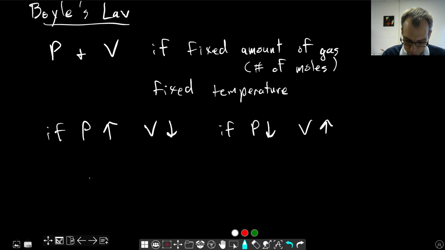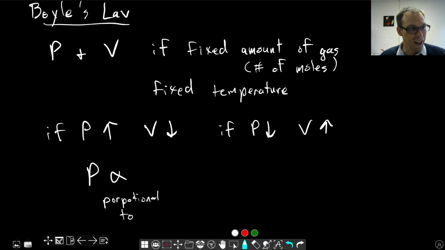So what you say is that the pressure, this symbol here means proportional to, meaning there's a constant involved, but we don't know what it is. So it's some constant times 1 over volume. So meaning exactly what we said above. Mathematically speaking, that's if P increases, V decreases. If V increases, P decreases, right?